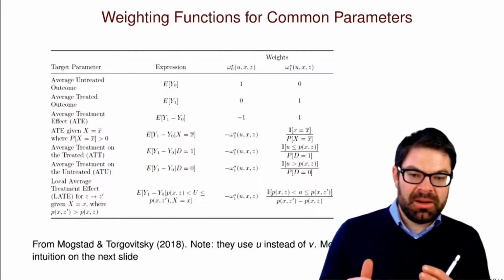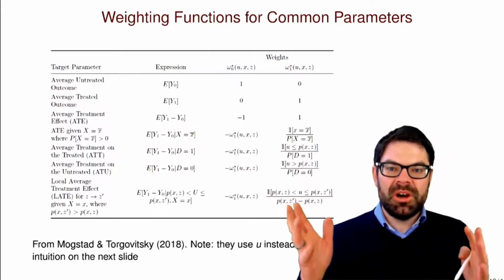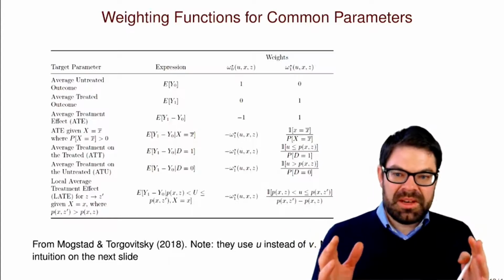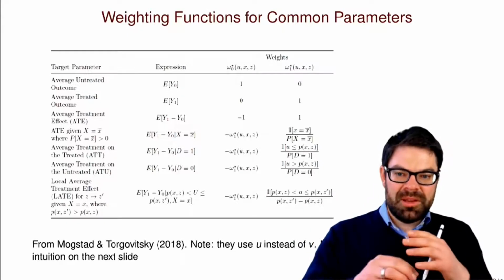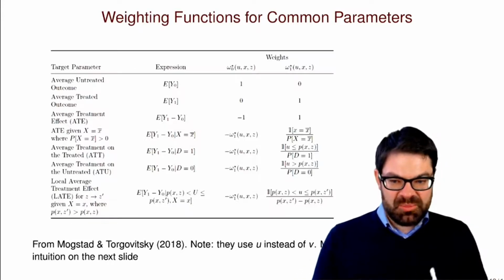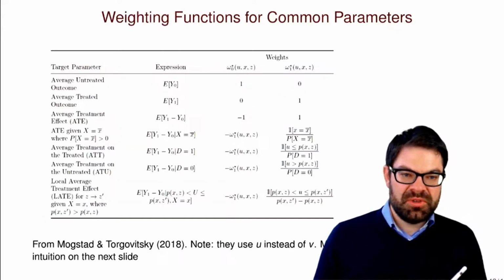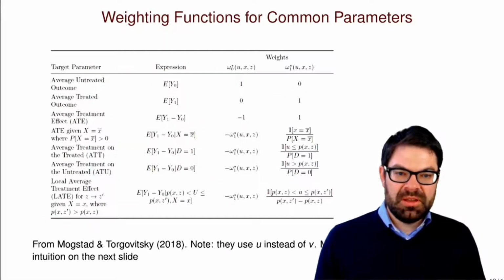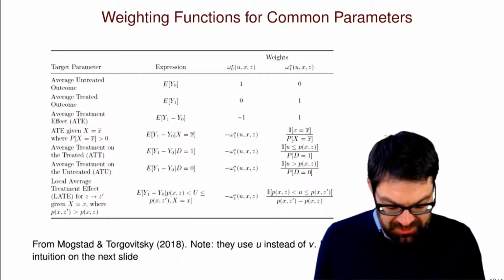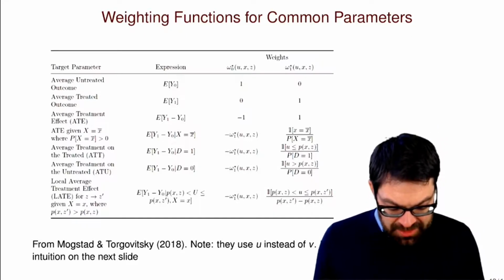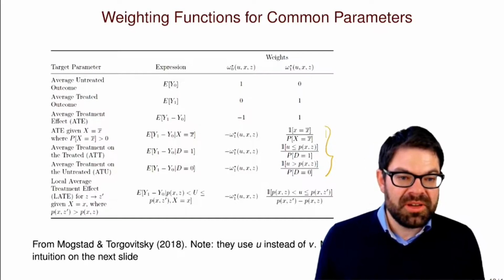And so here is what they give in their review article, and what they do very nicely is to say, well, how can various parameters be expressed in terms of those marginal treatment response functions, just by using those weights. And so they give here the weights, and you can see that in many cases they are actually symmetric, right?